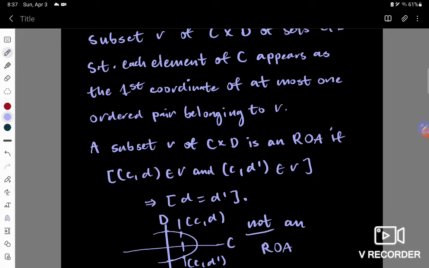That is, if d equals d prime and they are at the same point. That is, if to each value of c, there is exactly one corresponding value of d.